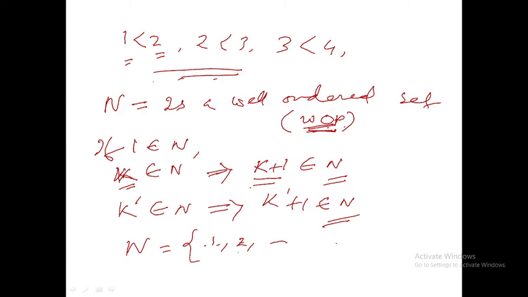So this method of finding the set of natural numbers is called the method of induction. If we proceed repeatedly this way, we shall get the whole set of natural numbers.